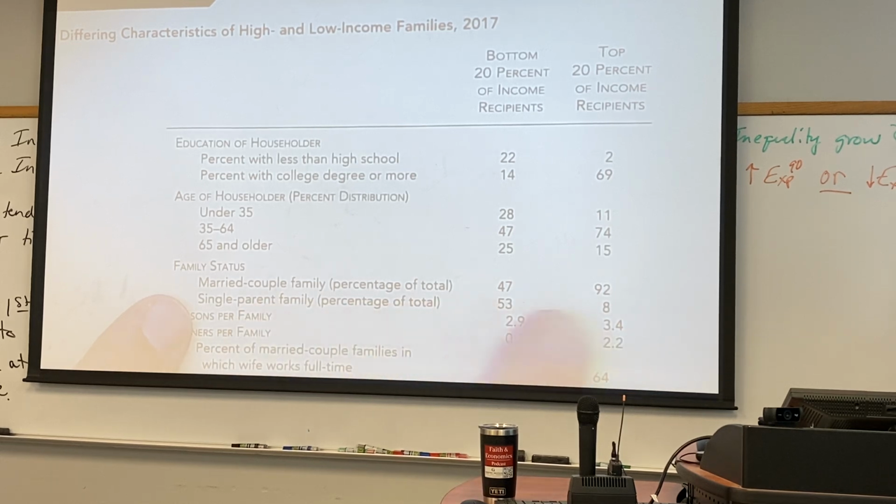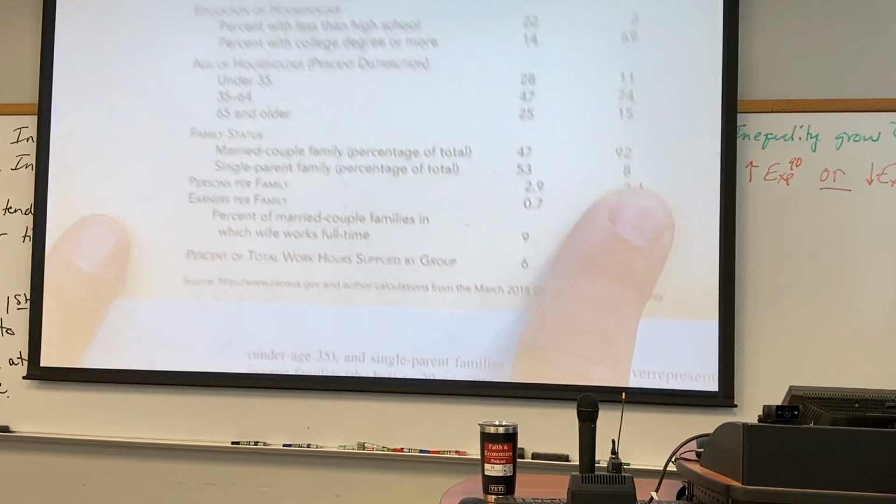Married couple, percent of the total. This might be picking up what we said before on single households versus dual income households, right? It's a lot easier to get up to 131 if you've got two income earners, with one less so. Single parent family, we've got 53 and 8, a little bit more difficult.